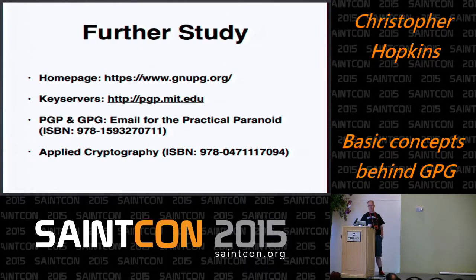And then if you felt that somehow I cheated you out of the math because I purposely stayed away from complicated math, but you really want to dig into cryptography, I suggest Applied Cryptography. It's a big book. It's really good. It's basically considered, I think, one of the most authoritative books on cryptography currently published.